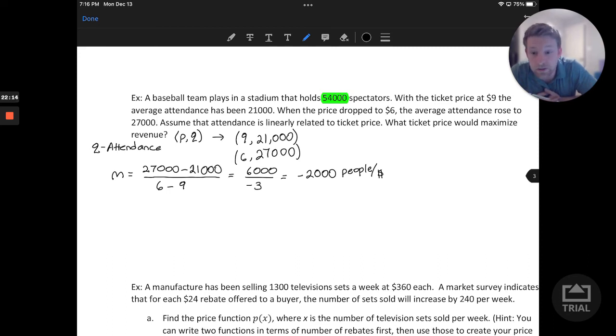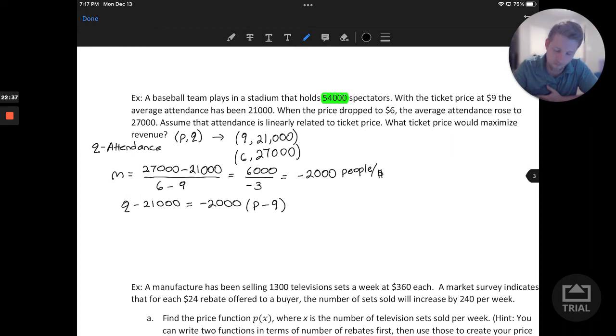Okay, let's continue with the process. Putting this into a linear function, we have Q minus Q1, which is 21,000, equals our slope, negative 2,000, times price minus the first price, $9.